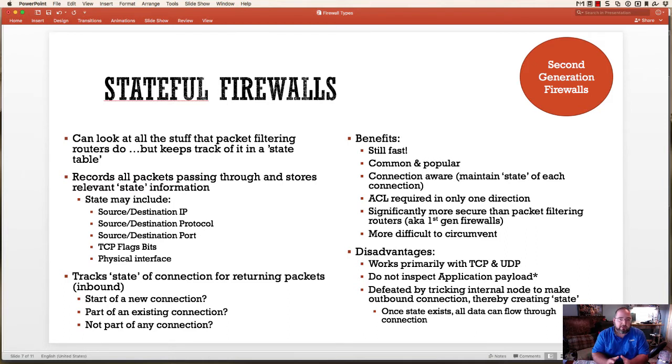And here's where the really big difference comes into play. In a packet filtering router, the router doesn't keep track of any of that stuff. In a stateful firewall, it does. It actually maintains a table that we call a state table of the connection-related information.